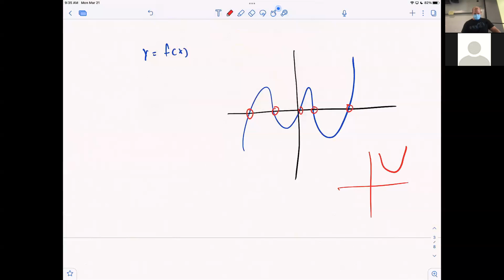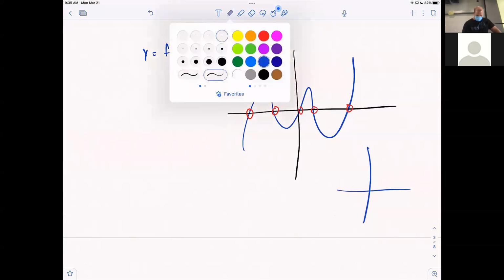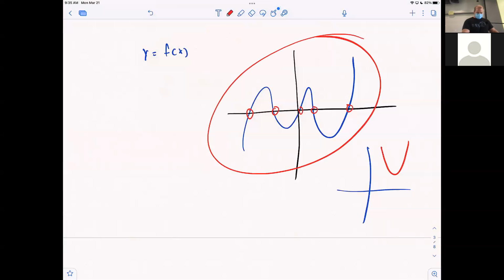If you look at a parabola like this, it has 2 roots, but they're both imaginary. A parabola by definition has 2 roots. This function here has 5 real roots.